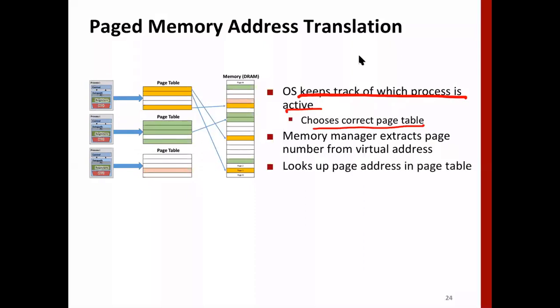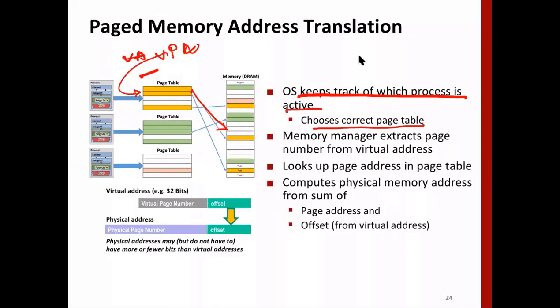Once the page table is available, we use the virtual address, the virtual page number, as an index, and from there we get the address of the physical page, and then use the offset to get the byte. The same thing is shown here: this is the virtual address, this is the VPN, this is the offset.